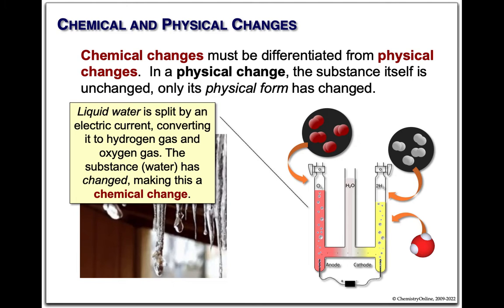When we do that, we wind up with oxygen gas and hydrogen gas in the ratio of 2 to 1, actually. Water is H2O. This is a chemical change. Our substances have totally different properties than the water we start with.